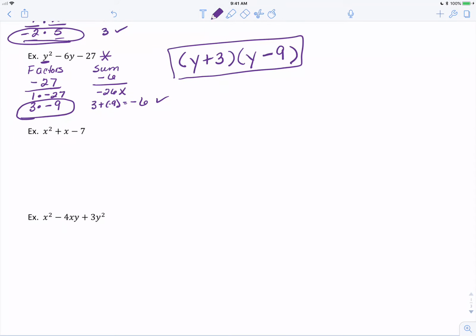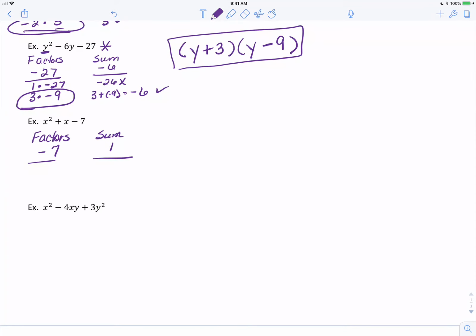You might think about some more practice on this. I don't know. See how you do on your homework. So we're talking factors of C, which is negative 7, whose sum is B, and in this case our B is 1. So we need to add and get more positives, so that means the negative needs to be the smaller number.